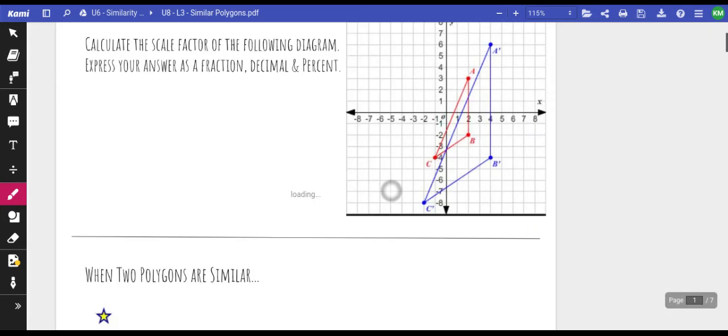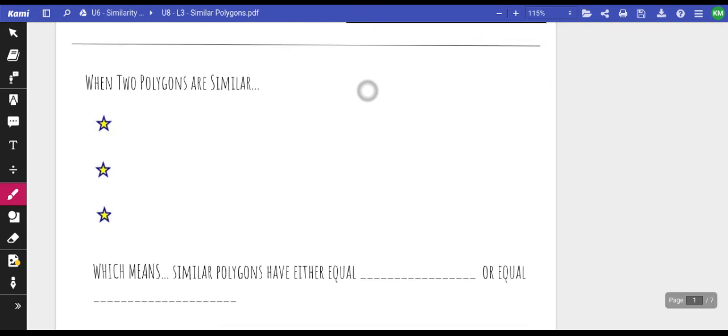Okay, moving on. Today is all about similar polygons. Now, similar polygons means I'm taking a shape, I am keeping it the same shape, I am just making it bigger with the scale factor. Okay, so if I give us something to look at here, I'm going to go with a square, just because squares are kind of easy to compare in terms of angles.